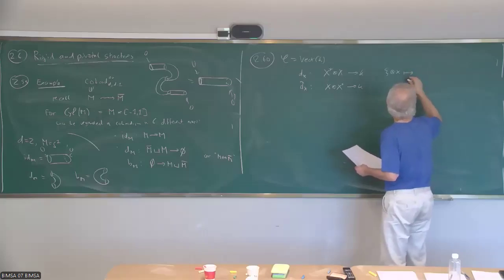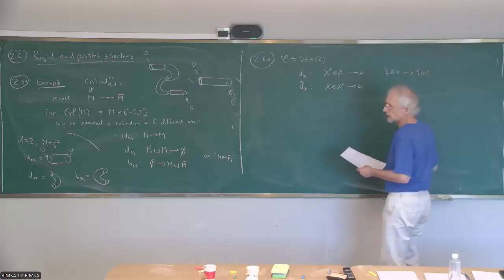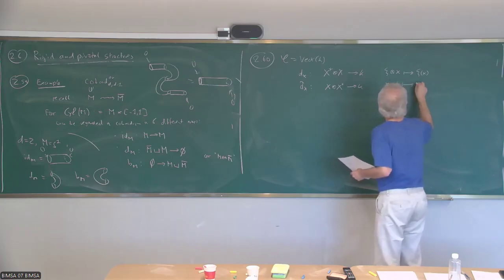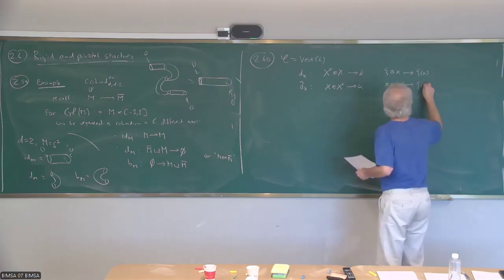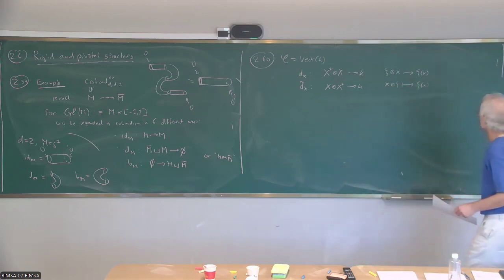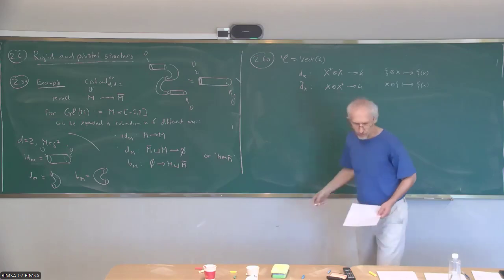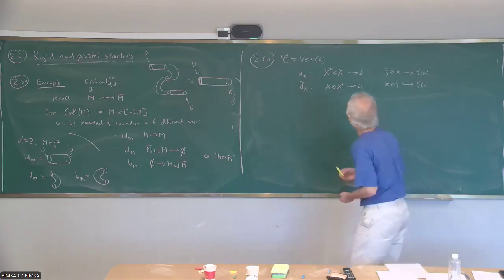We simply send this to the number xi of x, and analogously here the other way around. Usually one does not distinguish this, but it's actually sensible to do it. This we have for all vector spaces.